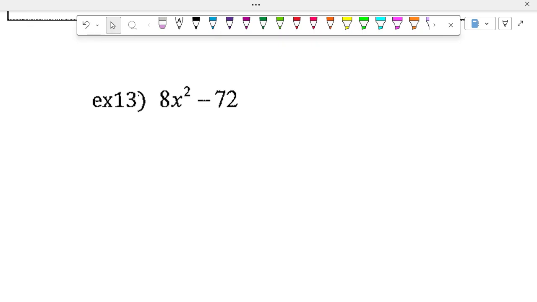Like a difference of 2 squares, right? But are 8 and 72 perfect squares? No. However, is there something I could take out to make perfect squares? Yes, I have a GCF here. That's why I say always look for a GCF first. What's a GCF of 8 and 72?